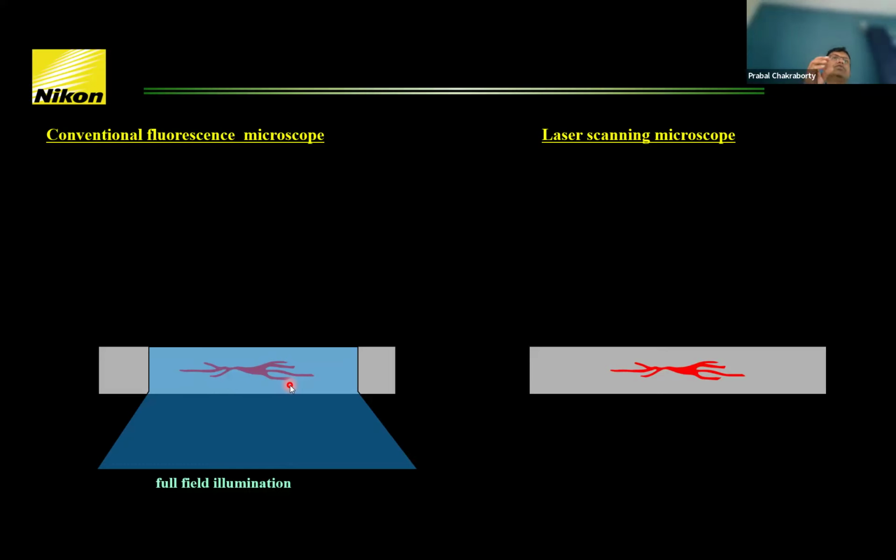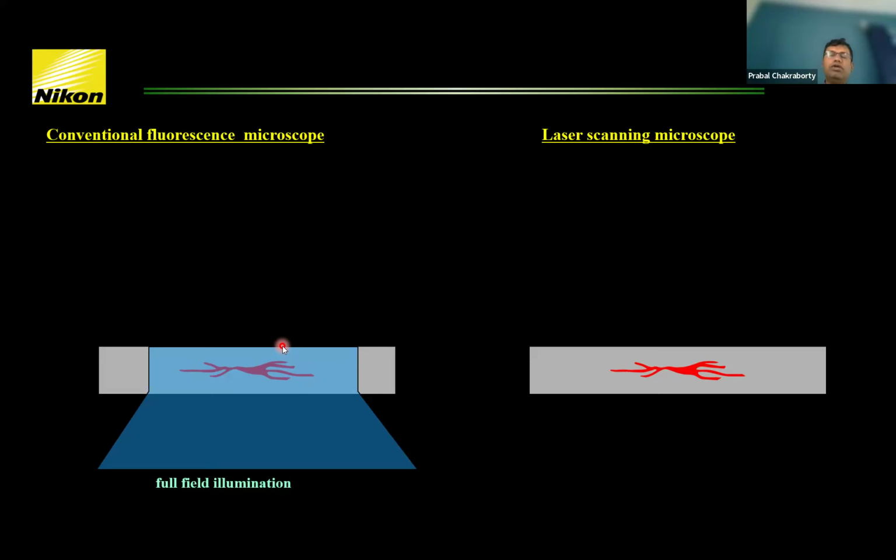The more you illuminate your sample with fluorescence light, the more fluorophores go into the dark state, and you can see by eye the intensity of the fluorescence gradually going down. That is called photo bleaching. Unfortunately, once the fluorophore goes into the dark state and loses its fluorescence property, it is almost not possible to bring it back to the fluorescence state.